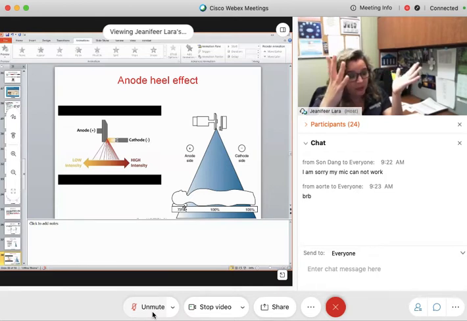For example, the T-spine. In the superior portion of the T-spine, we have really no tissue. Everything lies in the mediastinum or over the vertebrae. We have lung material, which is not going to absorb a lot of X-ray.